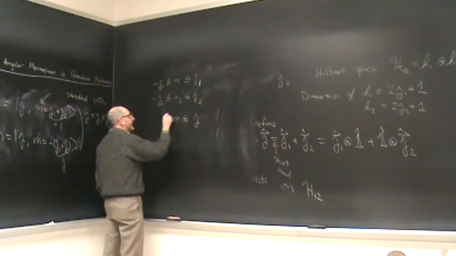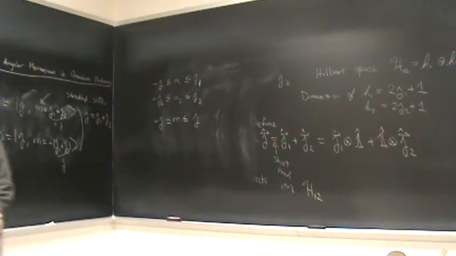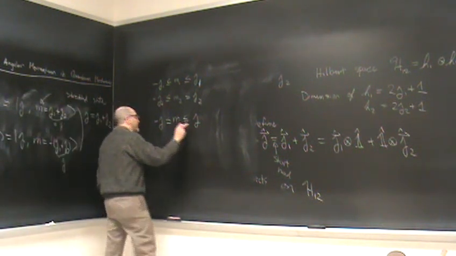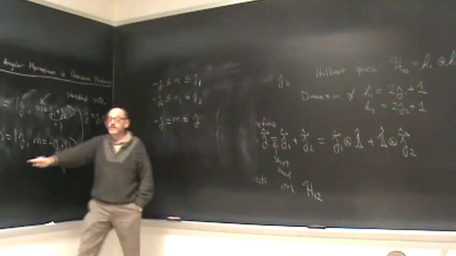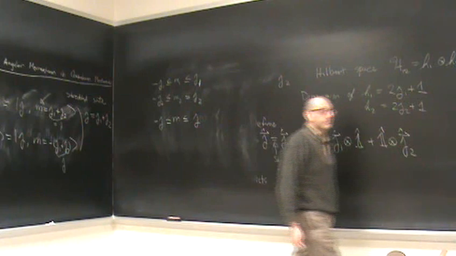And M is between these guys. And now the question is, what is the range of the possible J's? Well, the maximum possible J we can have is this. What's the minimum possible J that we can have? Minus J1 minus J2.